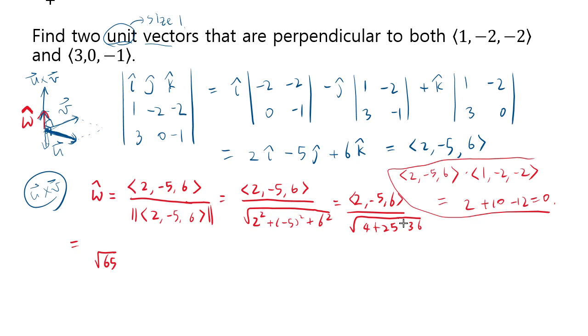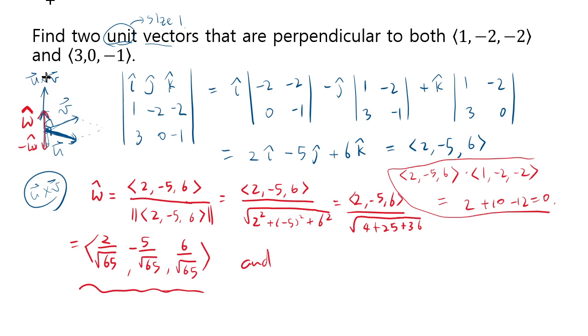So because this is the square root of 65 and you're dividing, all of these components should be divided by it. So that's one answer, and the opposite one would be just the negative of this, right?